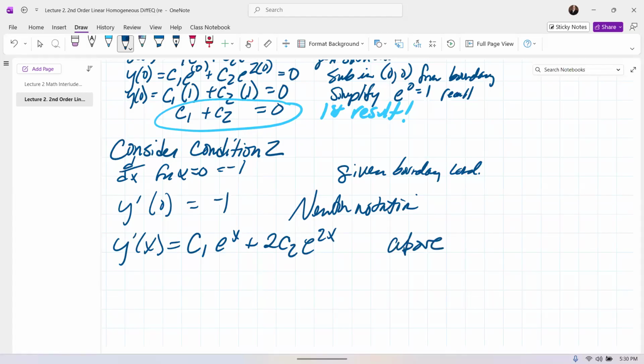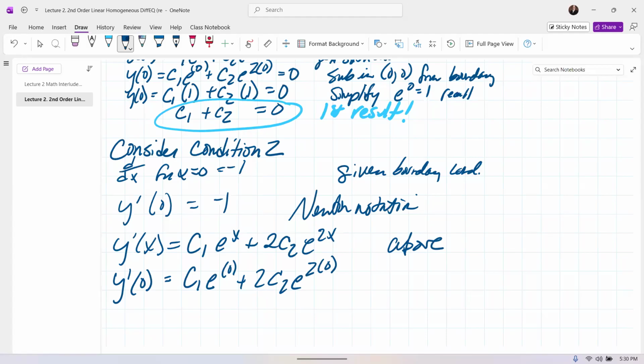Copied. All right. Now we're going to substitute in y prime of 0 equals. Well, every time I see an x, I put a 0. So there's C1 e to the 0 plus 2 C2 e to the 2x, so I'm going to write 2 times the 0. And this is sub in the boundary condition.